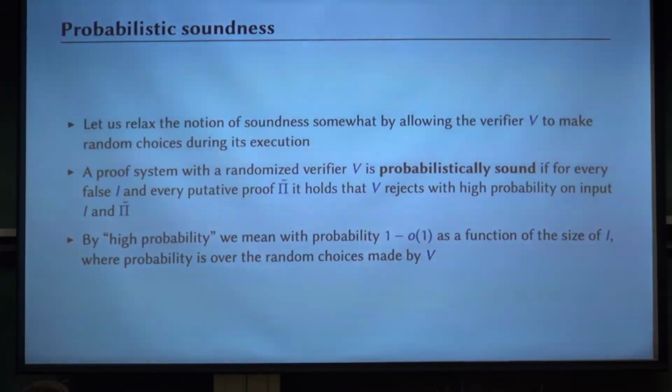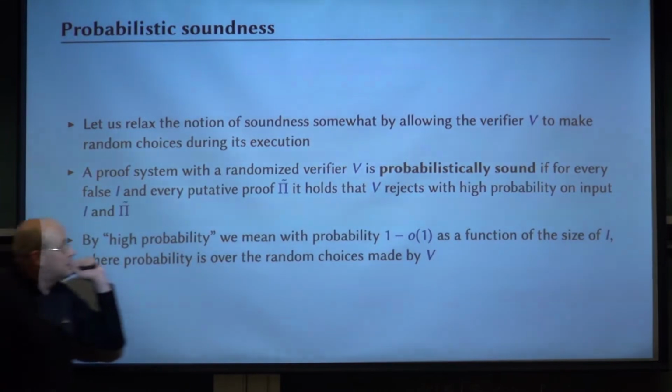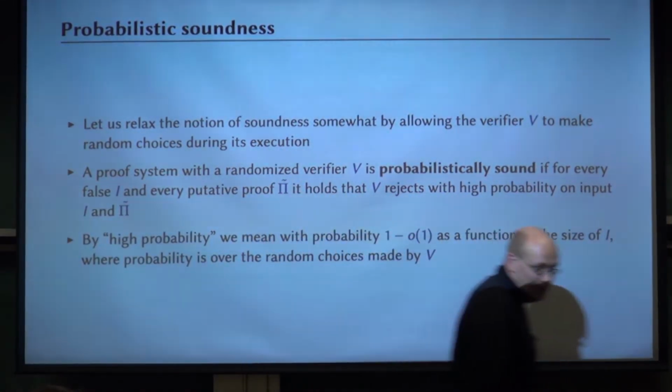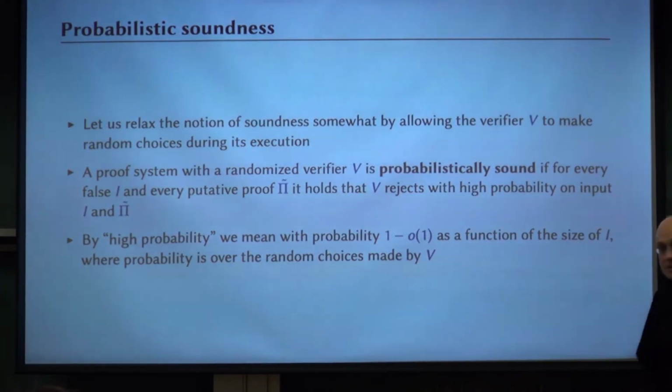So here we go. Now we relax from perfect soundness to probabilistic soundness. So now we have a proof system, and the verifier is now a randomized algorithm. It has access to unbiased independent random bits that it may use as it pleases.